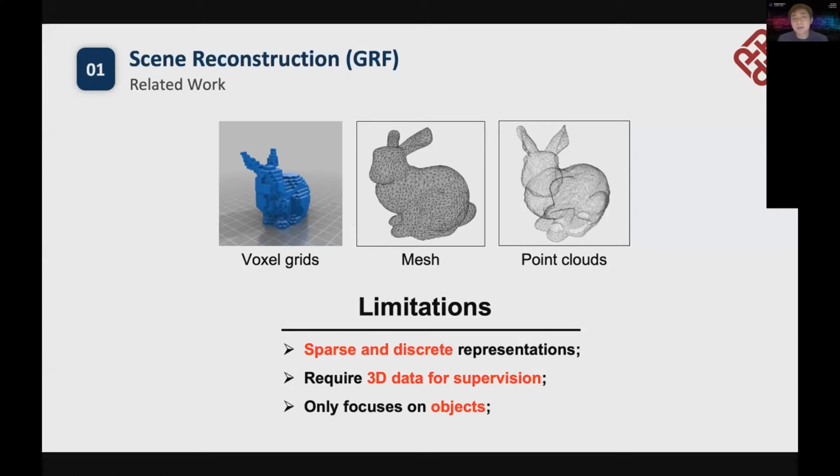So ideally, we could build a system that is able to recover smooth and continuous surfaces like the real world. And at the same time, when we train this system, we don't need 3D data. We just need 2D images.